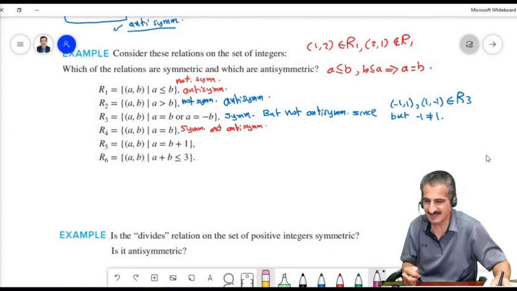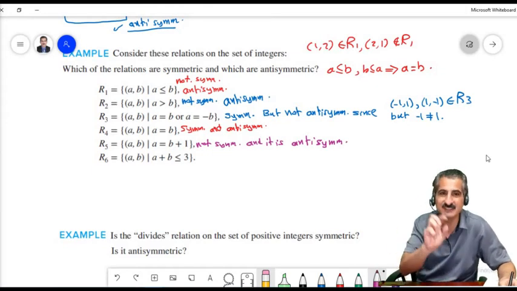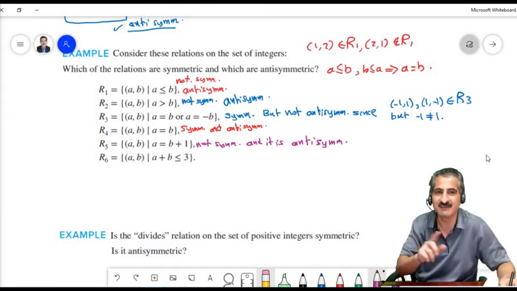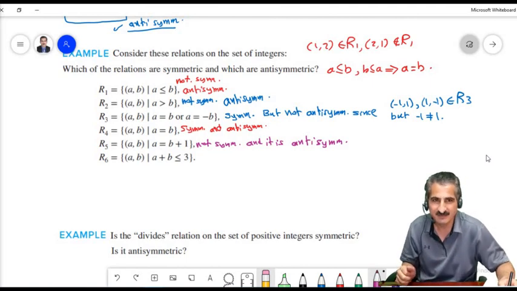Amjad, okay. So it is not symmetric, right? And it is antisymmetric. In this case, we don't have AB and BA at all in R5.